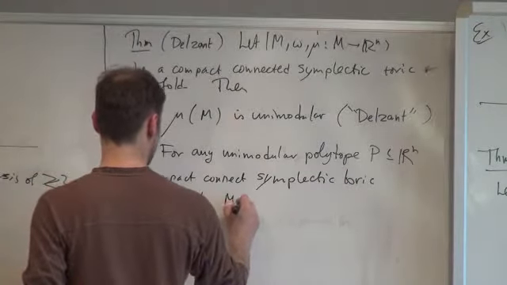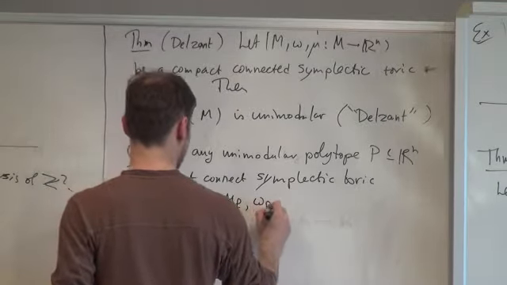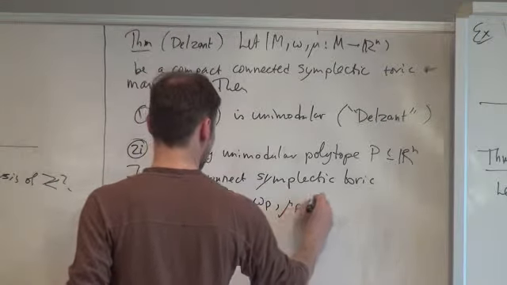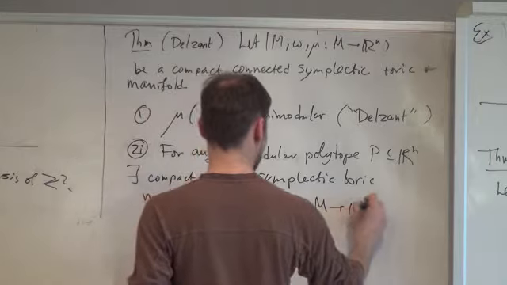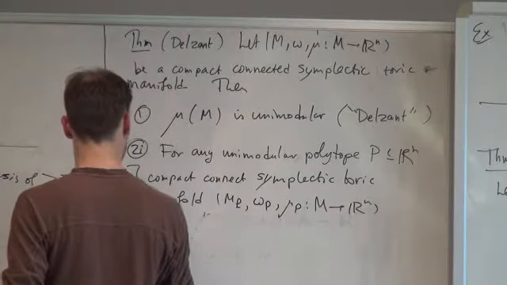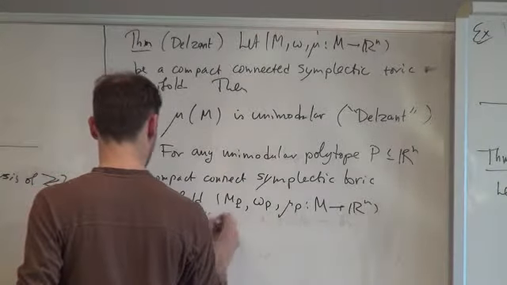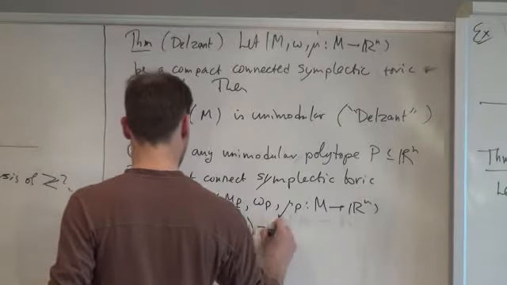Let's call it (M_P, omega_P, mu_P), M to R^n, with mu_P of M_P being the polytope you started with.